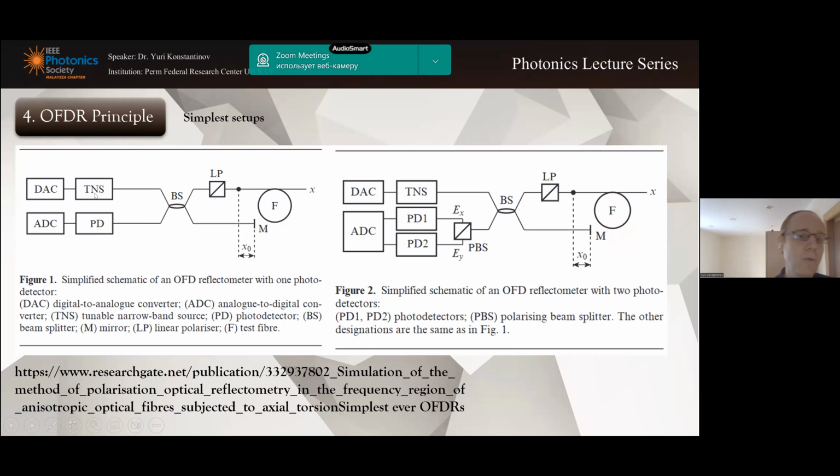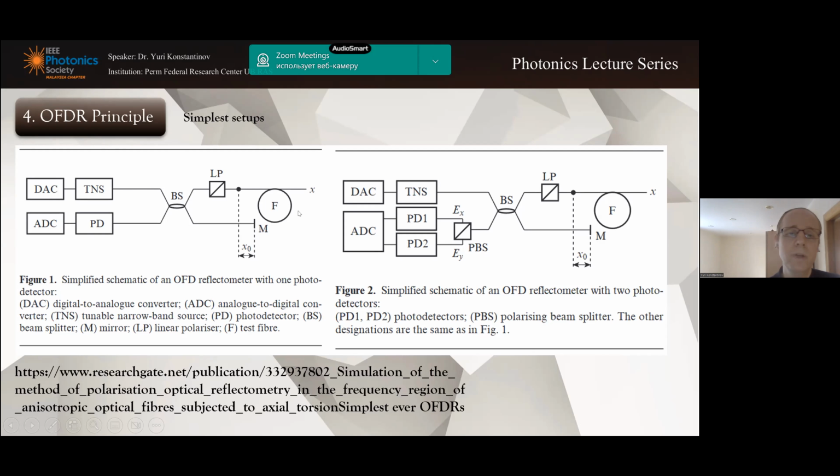It means that the frequency of this laser is linearly sweeping within some range, usually about tens of nanometers, and after that it goes to the beam splitter and divides into two paths. The first path is ended by the mirror, and the second path is connected to the fiber under test.